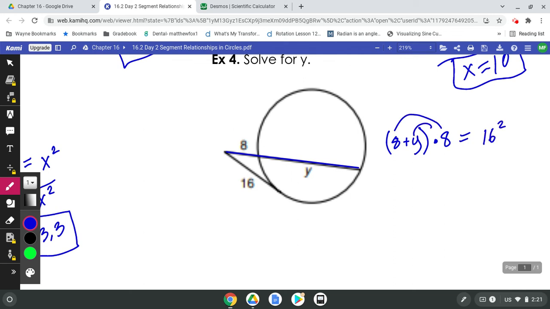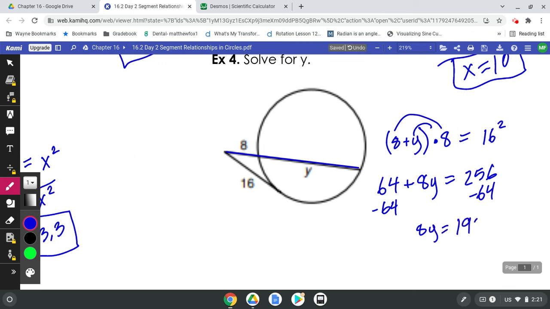We distribute that 8 in. 8 times 8 is 64, plus 8y equals 16 squared, which is 256. Subtract the 64. 8y equals 192. Divide by 8, divide by 8. y equals 24. We're done.